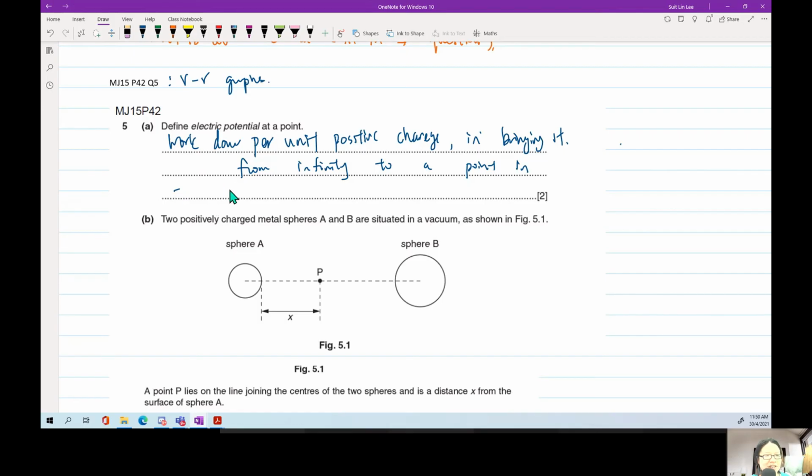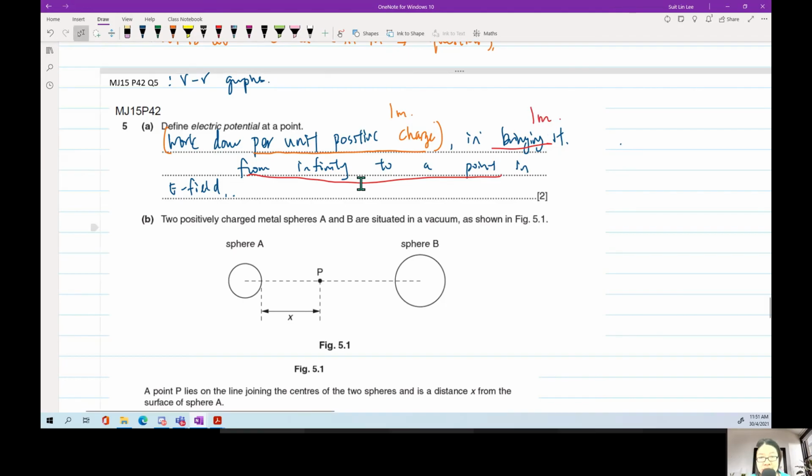In bringing it from infinity to a point in the electric field. Keywords here: work done per unit positive charge. Wow, how do you spell charge? It's 1 mark. The other mark is you want to bring the charge from infinity to a point. This is 1 mark. This is M1. If you don't get the first mark, you cannot get the A1 mark. Makes sense, right? If not, your sentence will be hanging. Bring what from infinity?